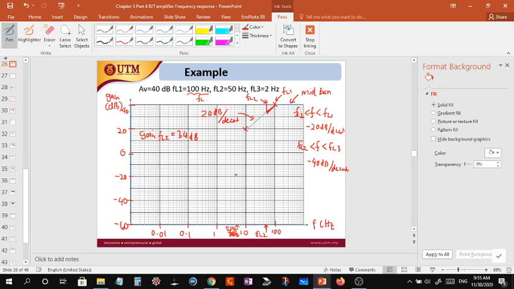So at 5 Hz, the value is minus 8. So where is the 5 Hz? This is around the plot of frequency 5 Hz, and then the gain is minus 8. Okay.